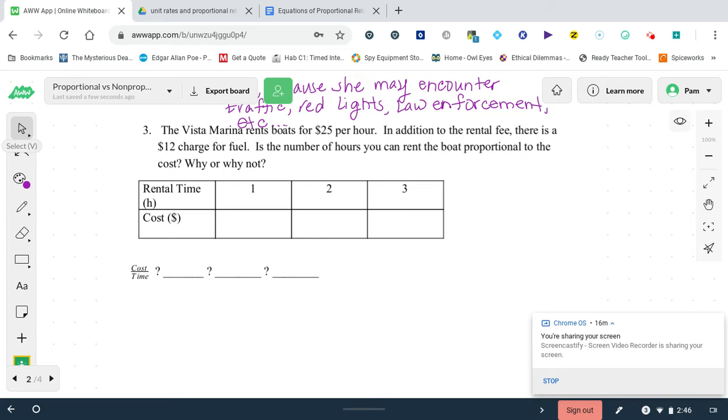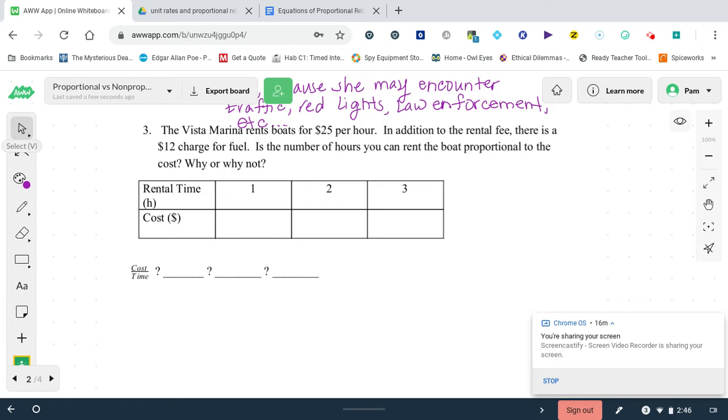The Vista Marina rents boats for $25 per hour. In addition to the rental fee, there's a $12 charge for fuel or gas. All right, so they're going to charge $25 for every hour that you rent the boat, but you also got to put gas in the boat.